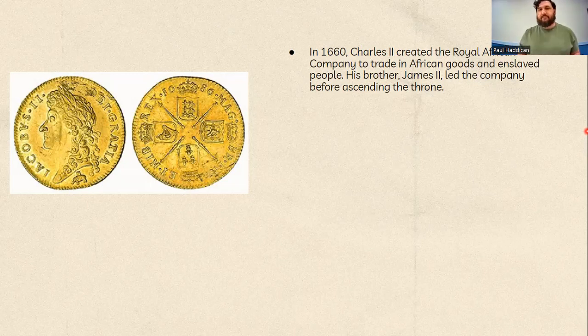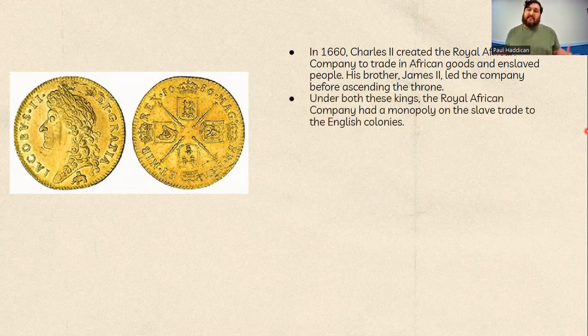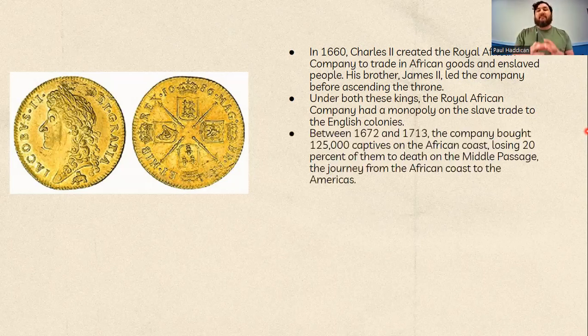Now, under both of these kings, under Charles II and James II, the Royal African Company is going to have a monopoly on the slave trade to the English colonies. So the only people bringing slaves into the English colonies are slave traders from the Royal African Company in England, right? So the government is going to have a very heavy-handed, very integral part of introducing slavery into the English colonies here.